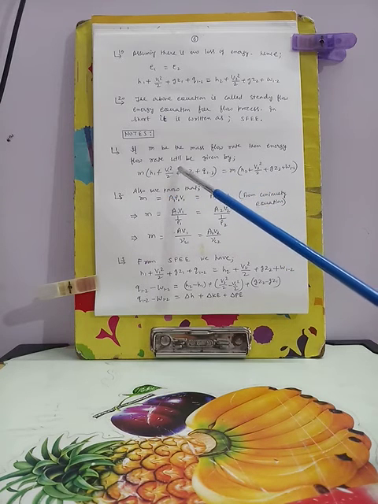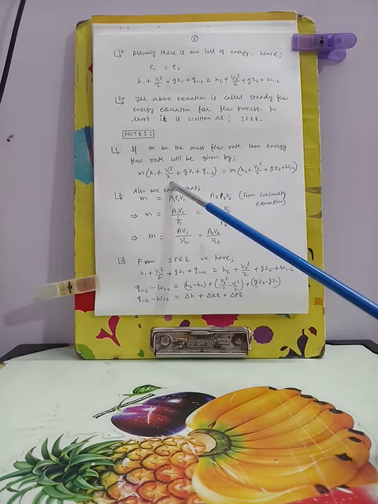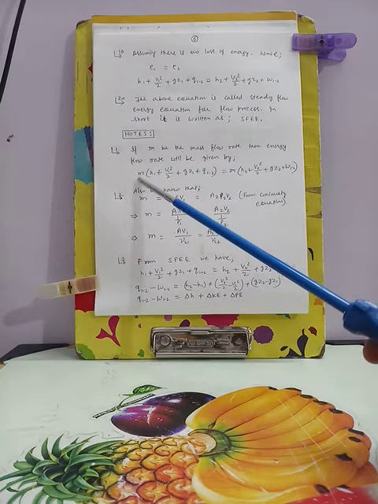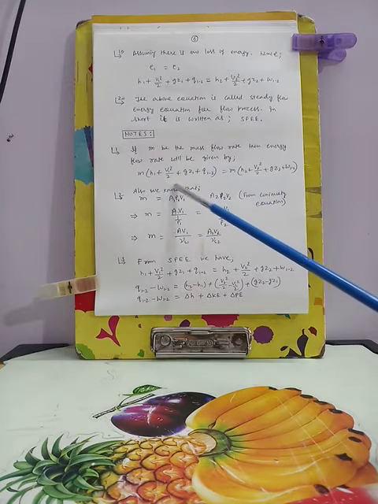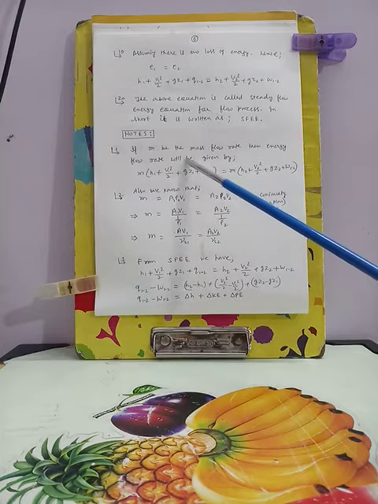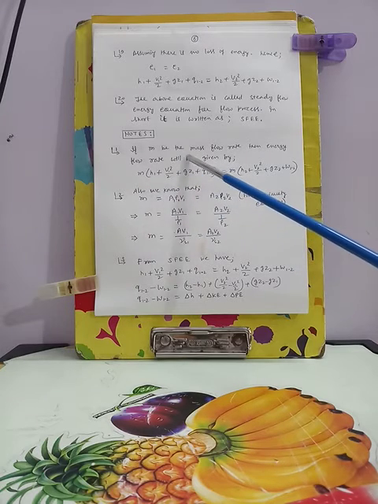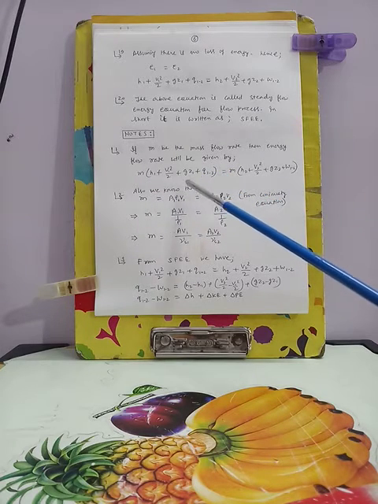Because it is the flow of energy per unit mass, and in 1 second m mass is flowing, so m into energy per unit mass means this much energy is flowing through the system per second.